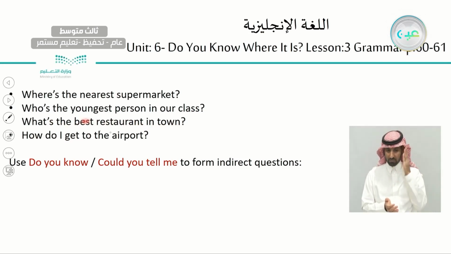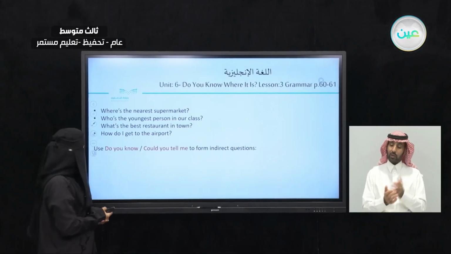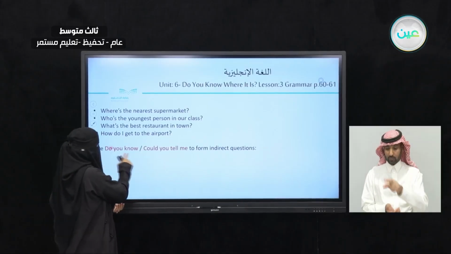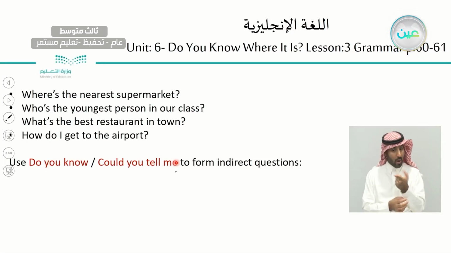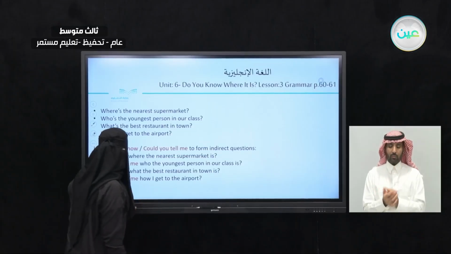They are direct questions. We have to change them to indirect, okay? You have to use do you know or could you tell me to form indirect questions. So you have to write the same statements here, but using indirect questions. Pause the video, look at the statements, write down your answers, and let's see it together.